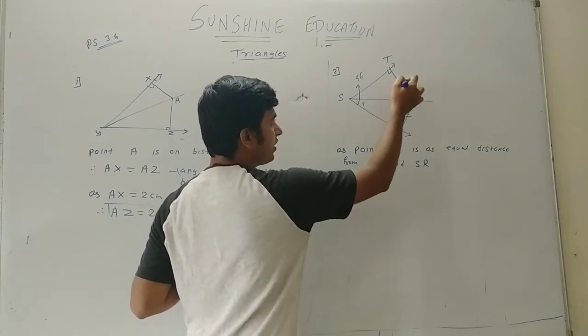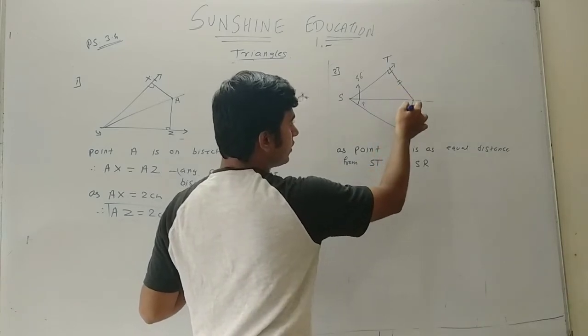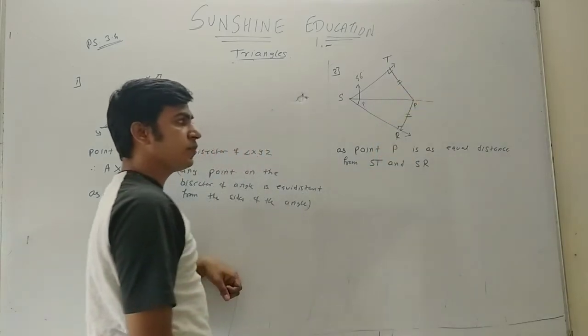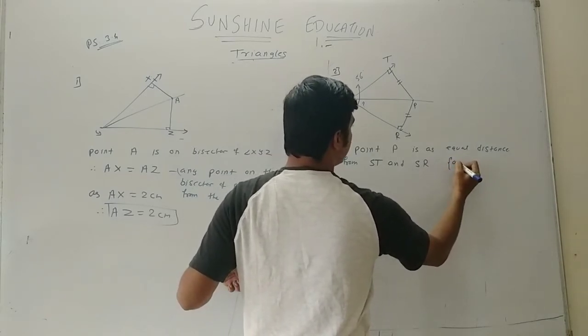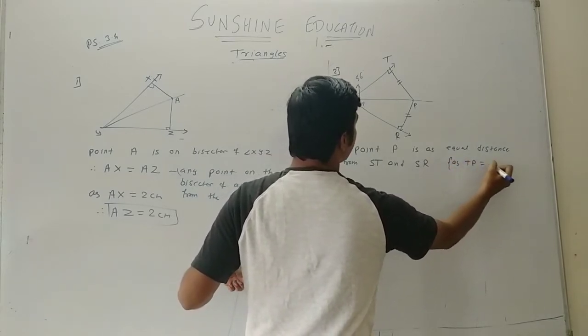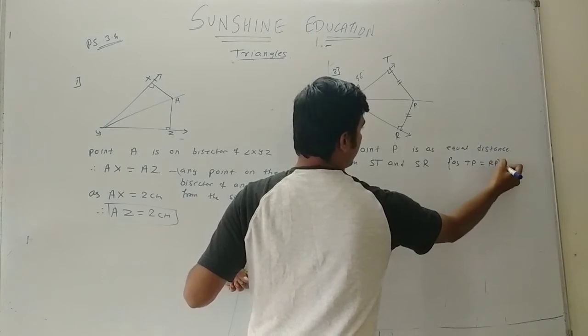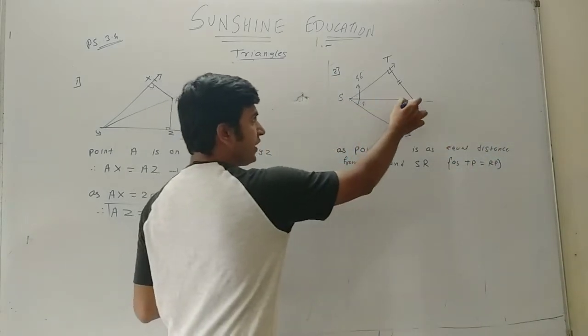Because we are given that TP is equal to RP. Because TP is equal to RP, you can write the reason over here as TP is equal to RP. Okay, point P is at equal distance.